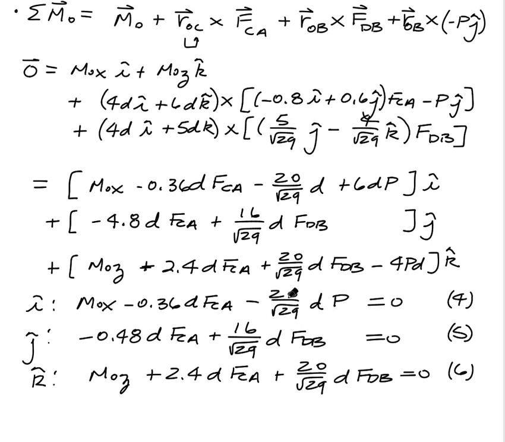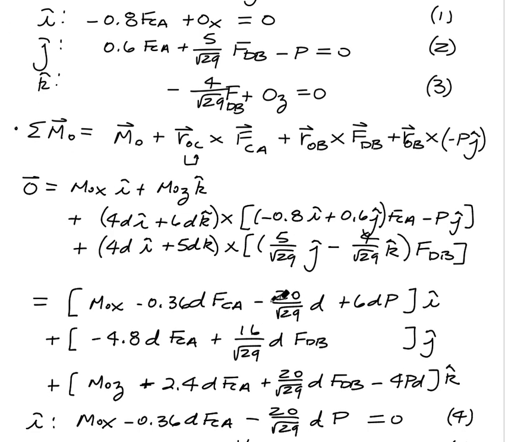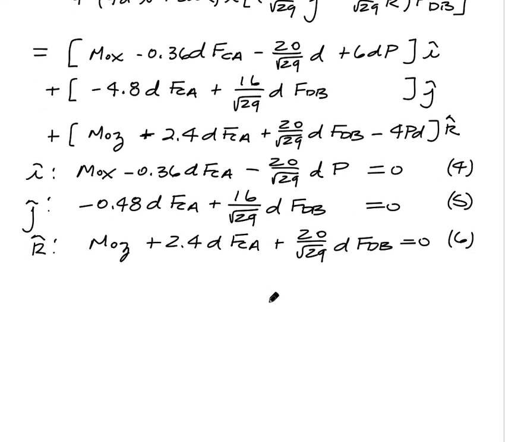We go back to equations 1, 2, and 3. 1 has two unknowns, and 2 has two unknowns, and as does 3. So there's really no one single equation we can solve first. But you might note that equations 2 and 5 involve the same two unknowns. So I'm going to tackle those first.